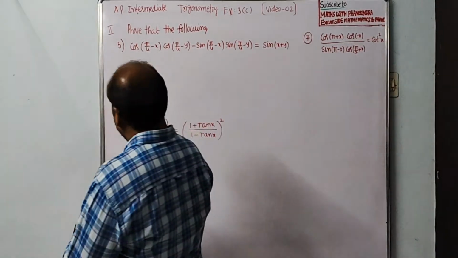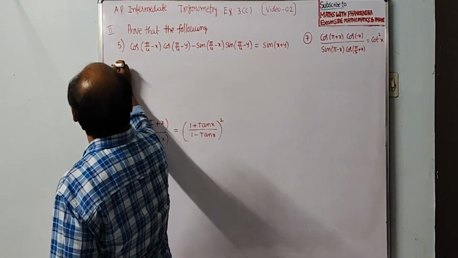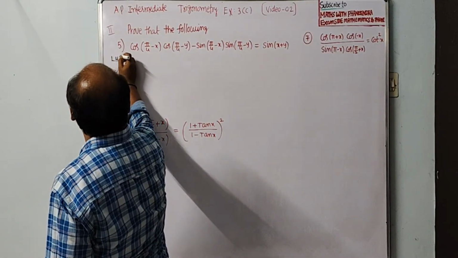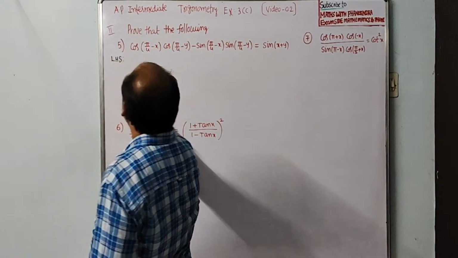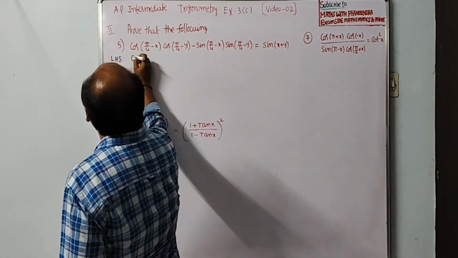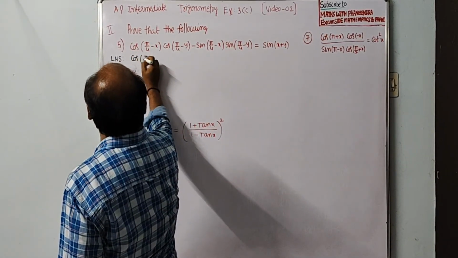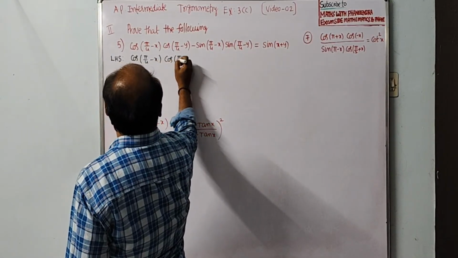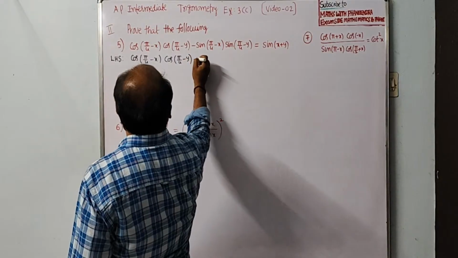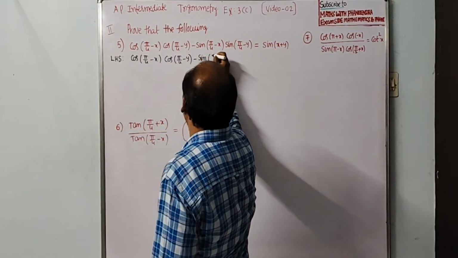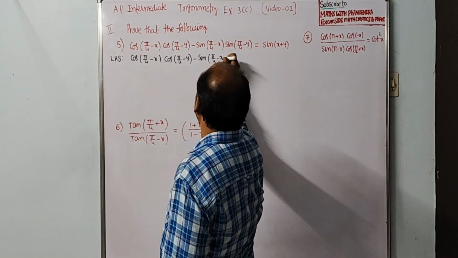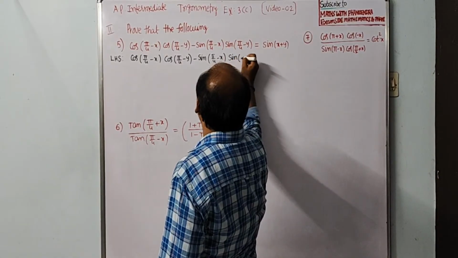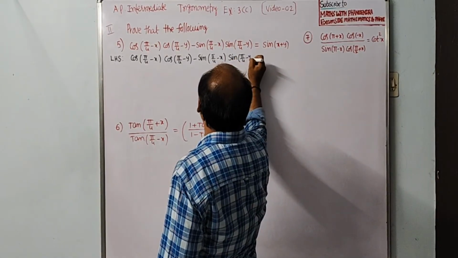See here, first what we have to do is consider LHS. Cos pi by 4 minus x, cos pi by 4 minus y, minus sin of pi by 4 minus x, sin of pi by 4 minus y.